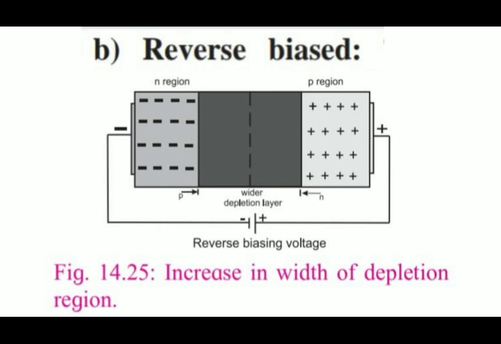Practically no current flows through the diode with an increase in the reverse bias voltage. However, a very small leakage current does flow through the junction, which is of the order of a few microamperes.